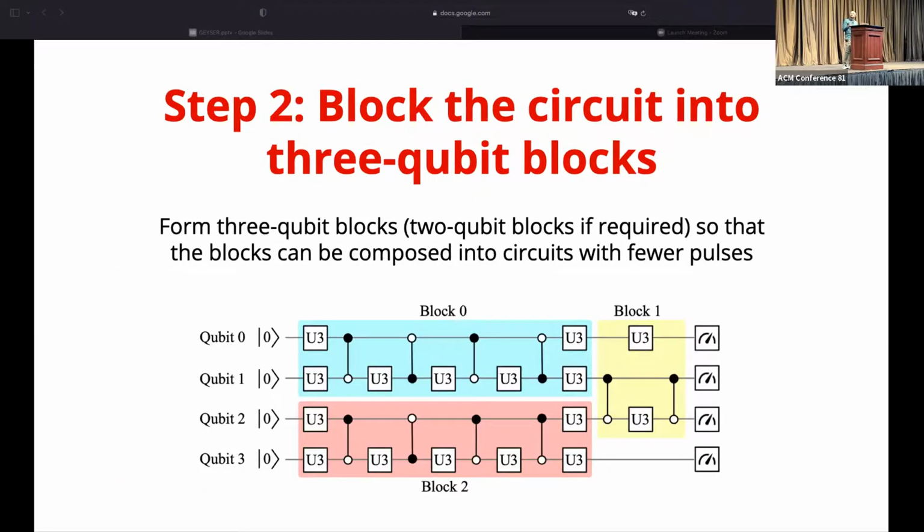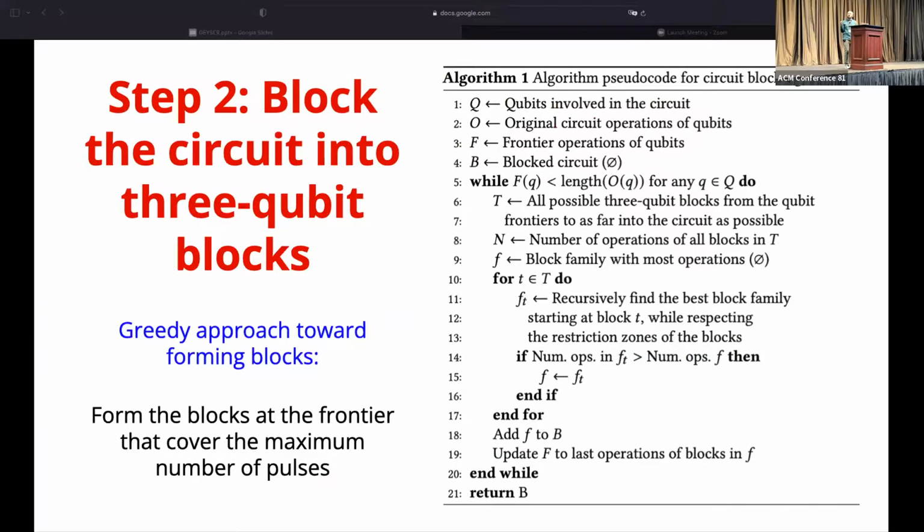So whatever the algorithm circuit is, we map it onto a triangular grid. The second step is to apply the blocking step, which is to make sure that when the operations are applied, they can be parallelized as much as possible, and they're outside of each other's interaction radii. In this blocking step, we start from the front of the circuit, and we use a greedy approach toward forming the blocks. We start at the blocks where we can cover as many operations as possible.